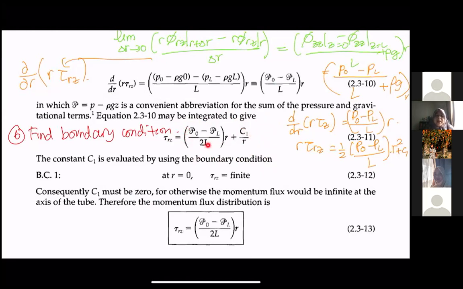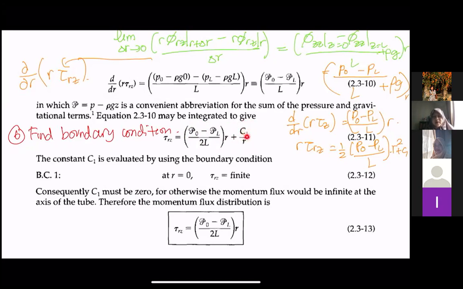So tau rz should be finite. So that means the C1 must be 0. Because if you have a value in C1 divided by R, that becomes infinite. So there must be no C1.